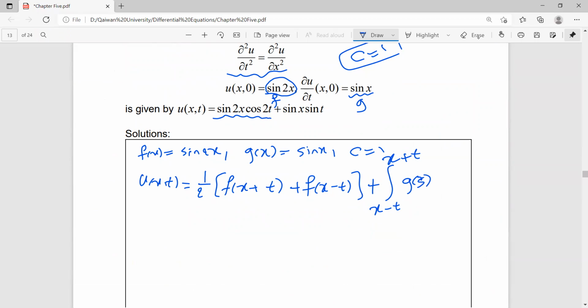But in front of the integration, we have 1 over 2c. c is 1, so it's 1 over 2.